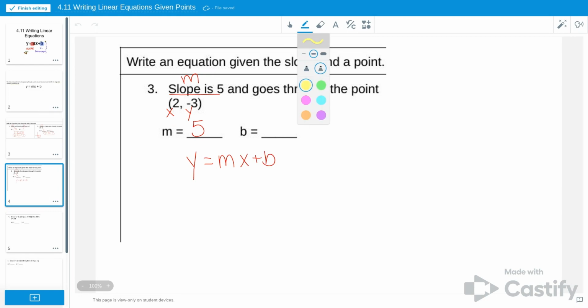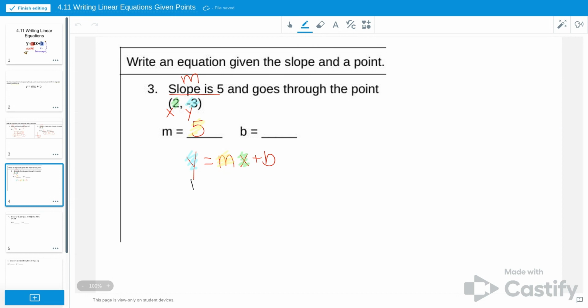So I know that my m is 5, so I can plug in 5 for m. I know that my x value is 2, so I can plug in 2 for x. And I know that my y value is -3, so I can plug in -3 for y. And then I can go through and solve for b.